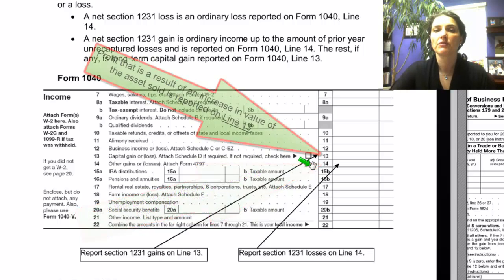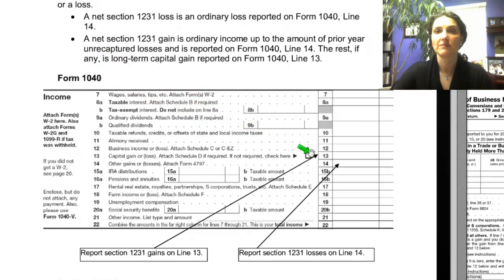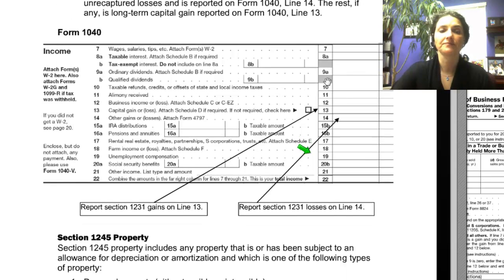But if you realize a profit on the sale of your asset because the asset increased in value, in other words, you sold it for more than what you paid for it, well, the difference between what you paid for it and what you sold it for is capital gain. And capital gains get reported on Line 13. And capital gains reported on Line 13 get capital gain treatment, those reduced capital gain rates of 0%, 15%, 25%, or 28%, depending on the type of gain you're reporting.